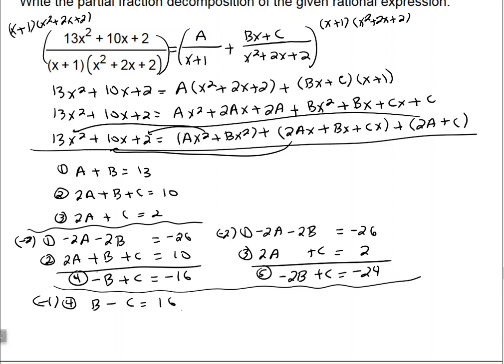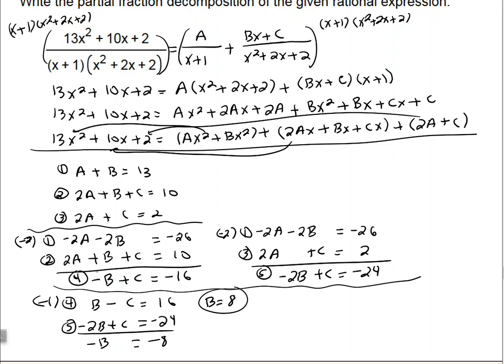So that will give us positive b minus c equals 16 and leave equation 5 like it is. So that will give us negative 1b equals negative 8. Therefore, b, divide both sides by negative 1, equals 8.